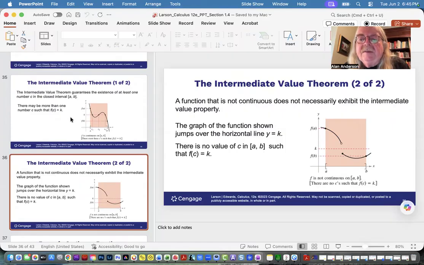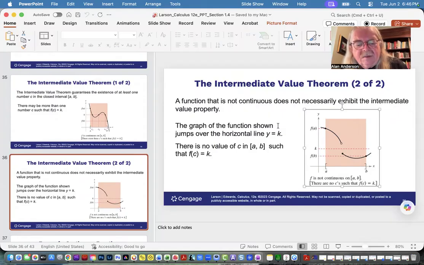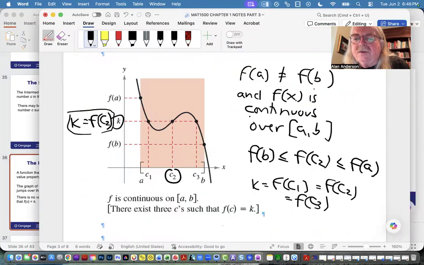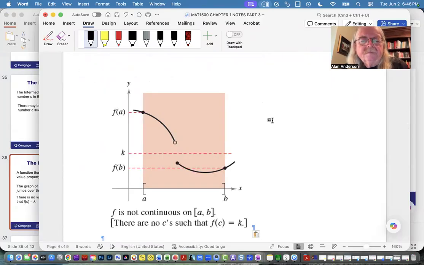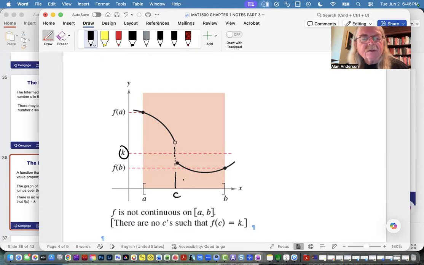Now, oops, what happened here? It doesn't work in this case. Why not? Because the function is clearly not continuous over the interval a to b. So therefore, if you notice, here's the issue. Here's K. There's no value in here that corresponds to it.